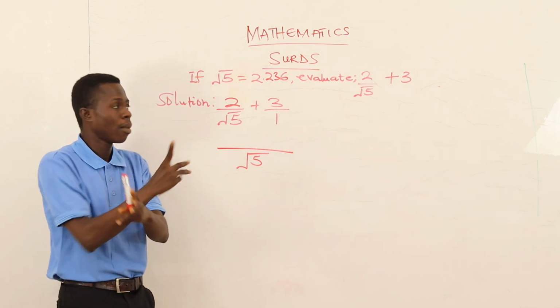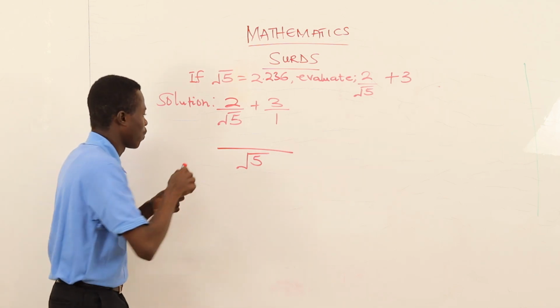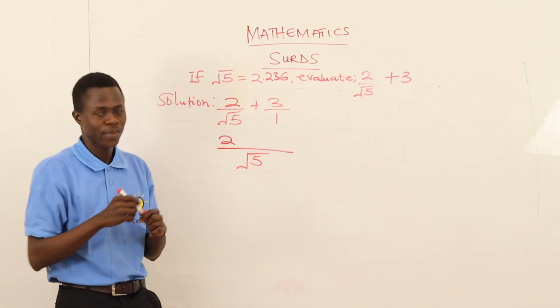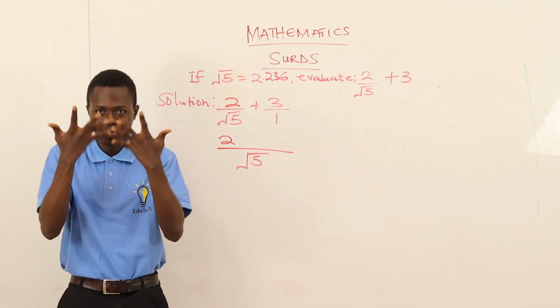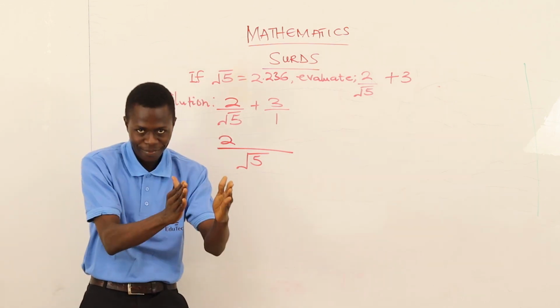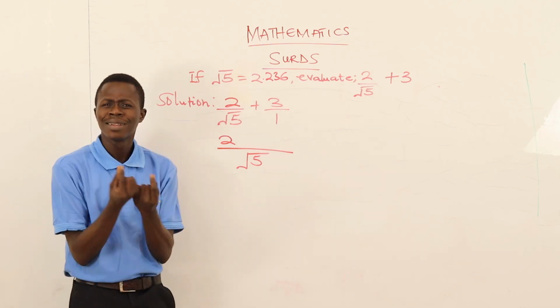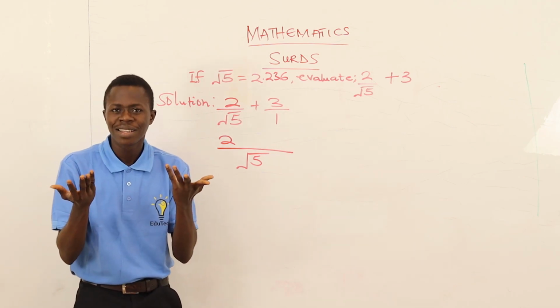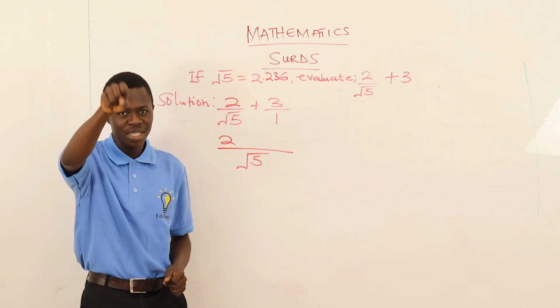Now with the 1, what do we do with it? We further multiply it by the numerator, which is 2. So 1 multiplied by 2 will give us 2. So we are finished with the first expression. So now let's move on to the second expression. With the second expression, also what do we do?